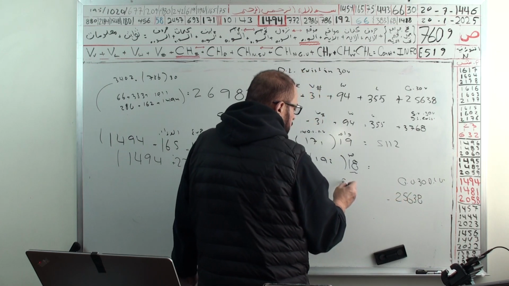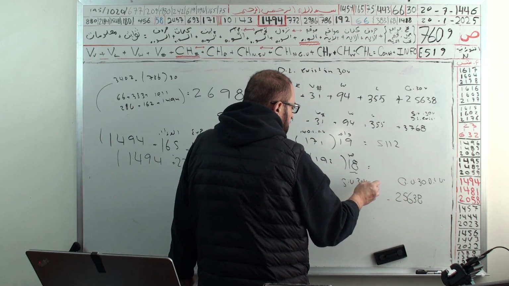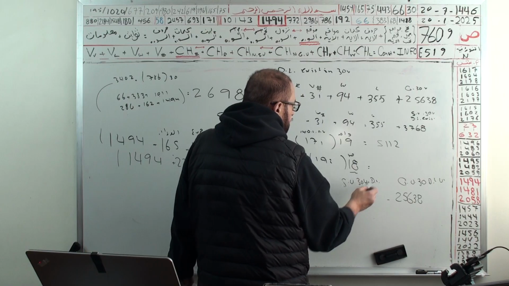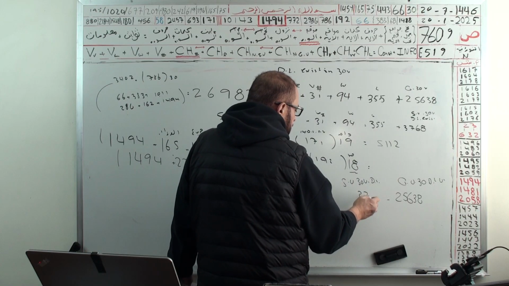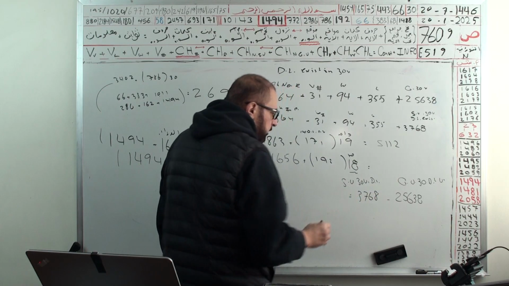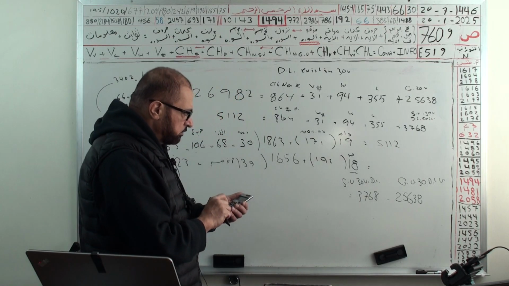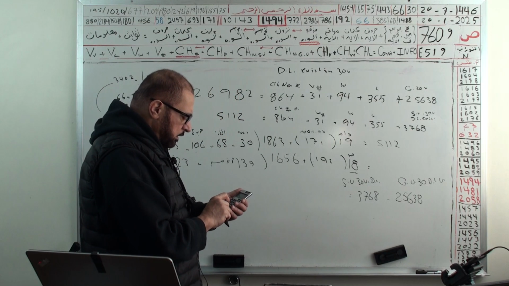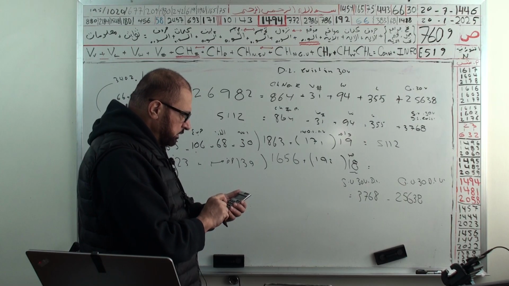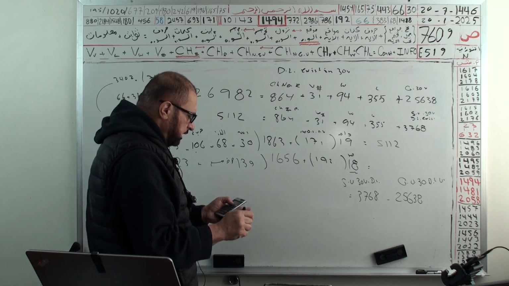Out of it, the sequential value of the 30 verses where disjointed letters exist, which is 3768. Do the math. So let's do this. 25,638 minus 3,768 equals 21,870.